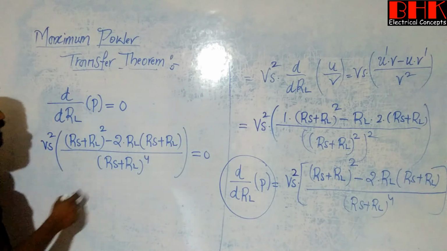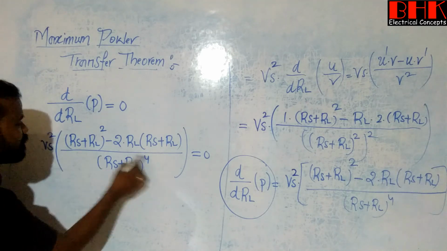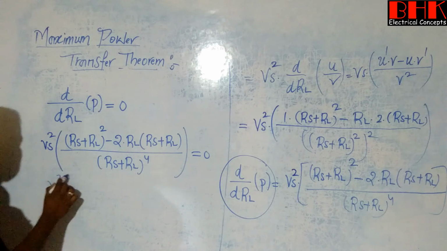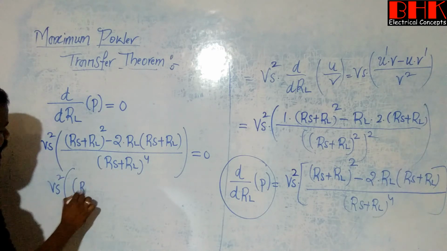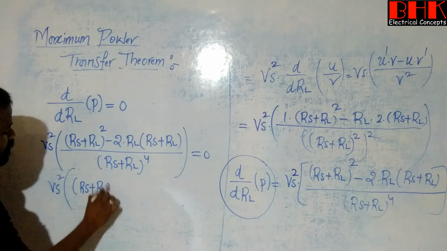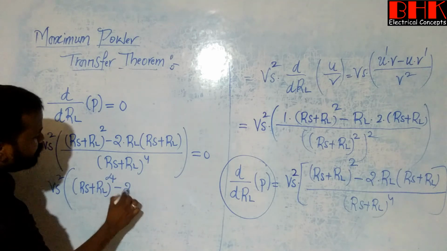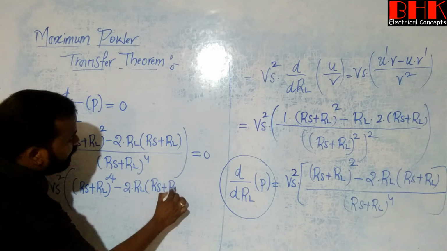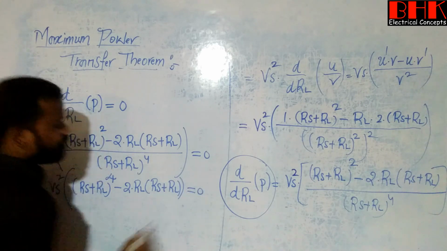Clear? Now simplify. Equal to 0 means this total denominator multiplied with 0. So Vs square into Rs plus RL whole power 4 minus 2 into RL into Rs plus RL is equal to 0. Clear?